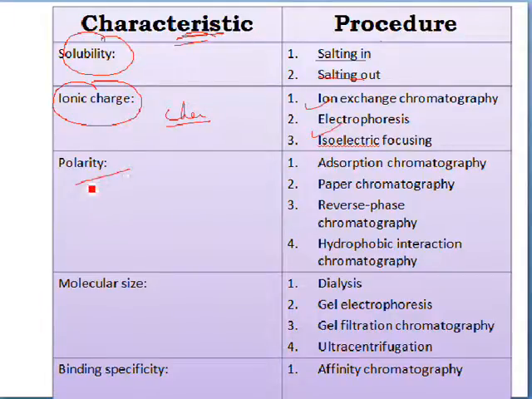Next is the basis of protein polarity: adsorption chromatography, paper chromatography, reverse phase chromatography, and hydrophobic interaction chromatography. And at last, on the basis of molecular size and binding specificity, protein can be purified using techniques like dialysis, gel electrophoresis, gel filtration chromatography, ultracentrifugation, etc.